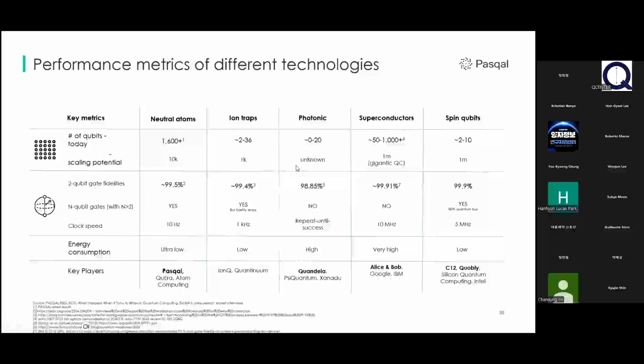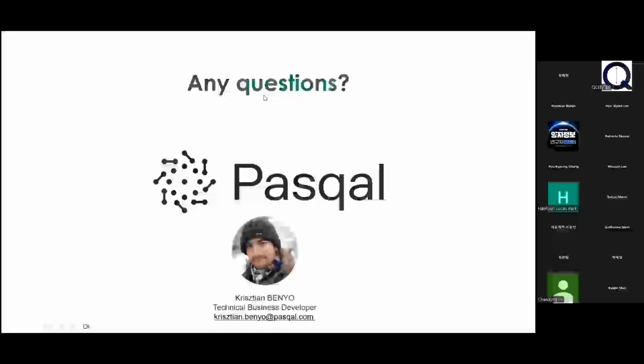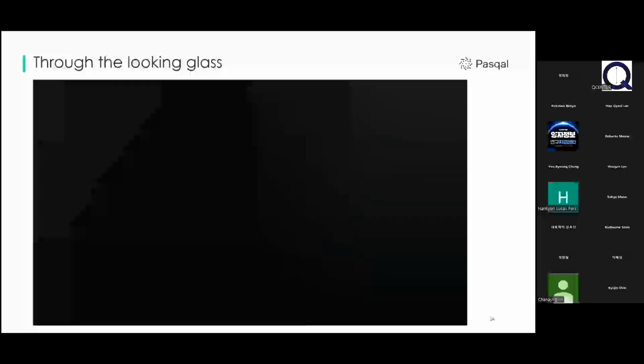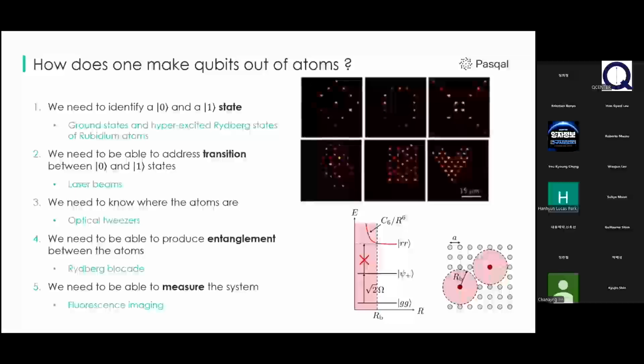So for the neutral atom systems, it's not fully connected, so it's not an all-to-all connection. If I go back to this image, the connection itself is limited to the Rydberg blockade radius.